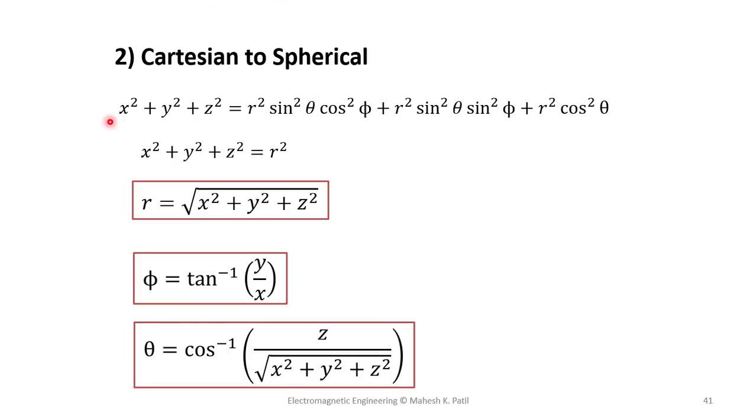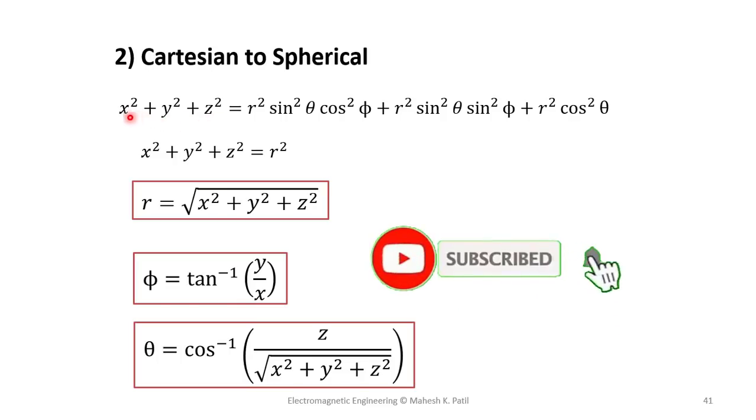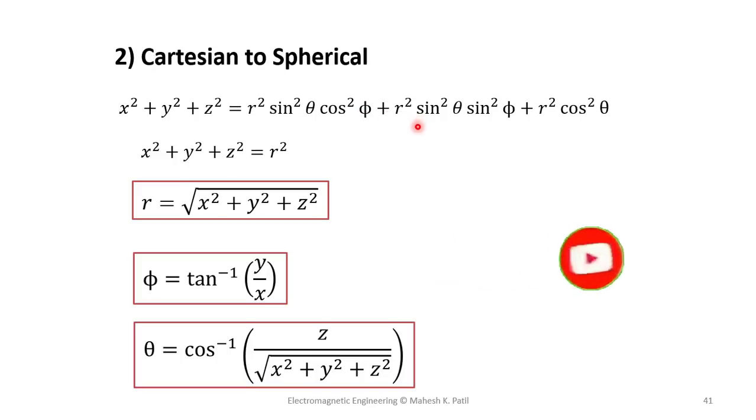So what answers are we getting for x, y and z? For that, you square all these three equations. So we'll write a new equation, x square plus y square plus z square, and we know that x is equal to r sin theta cos phi, y is equal to r sin theta sin phi, and z is equal to r cos theta.